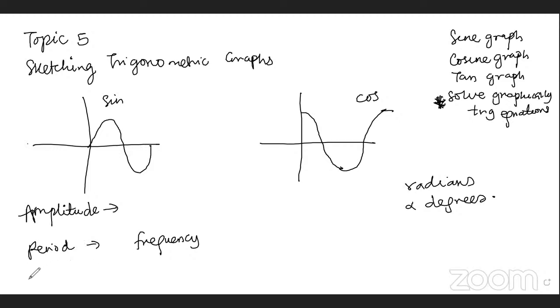Yeah. The period is equal to the regular period over B, right? And I said that that B comes from y is equal to A sine Bx. This B is the one that you're going to put in the formula to work out how many cycles you're going to draw.